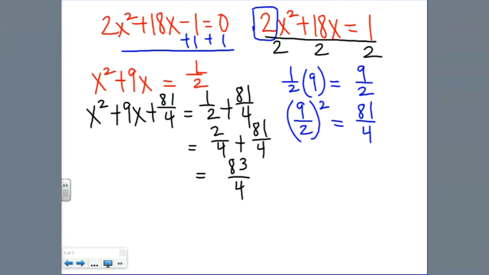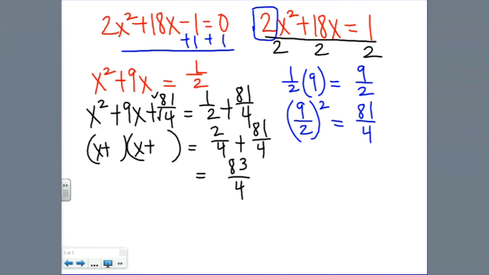Back on the left side, we have a perfect square trinomial. And how I know that is all we have there are perfect square roots. So let's draw 2 parentheses. And what goes in the last 2 spots is the square root of 81 over 4.